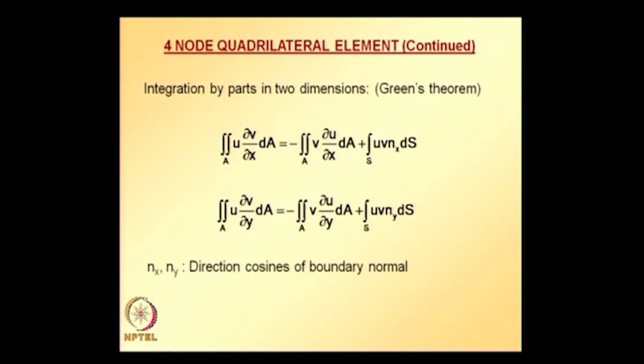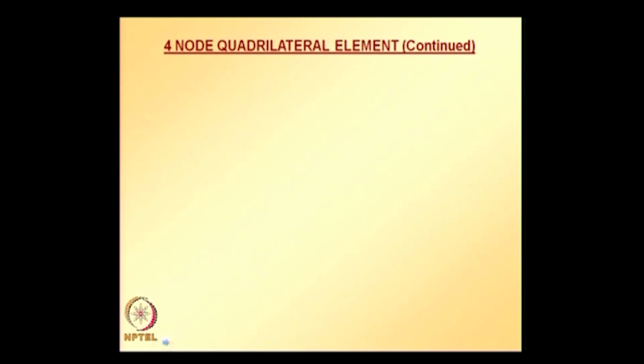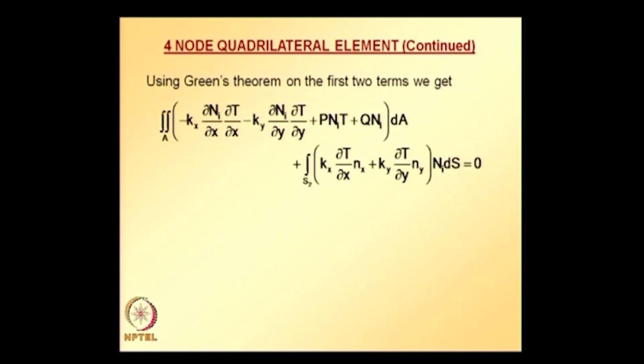So, using these 2 formulas and simplifying the previous equation, the first 2 terms of the previous equation can be simplified using the Green's theorem formula that we just looked at, and that results in this. If you recall, we discussed all this in detail when we were dealing with the 3 node triangular element.